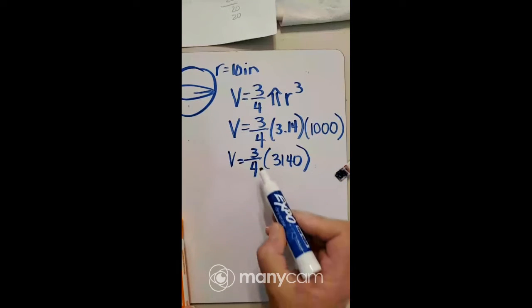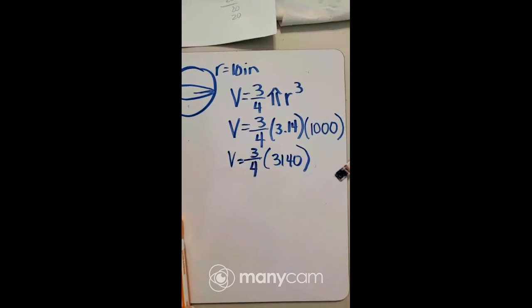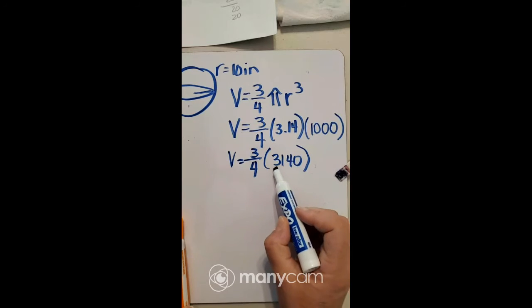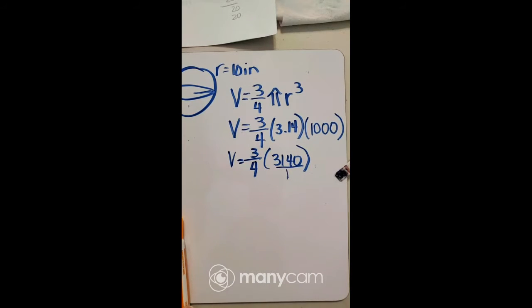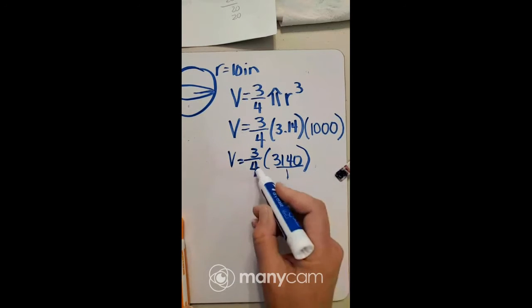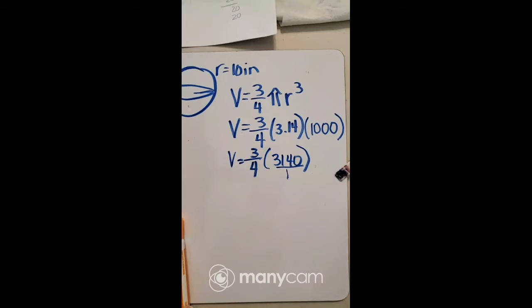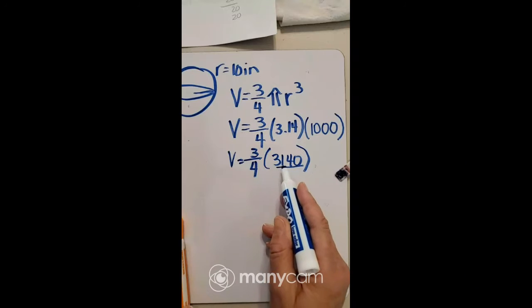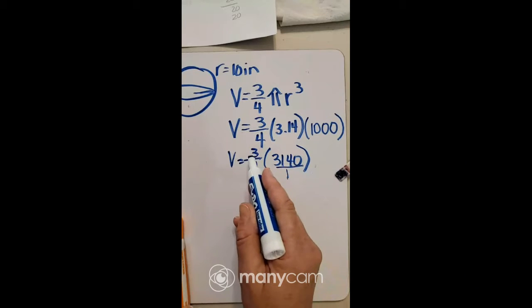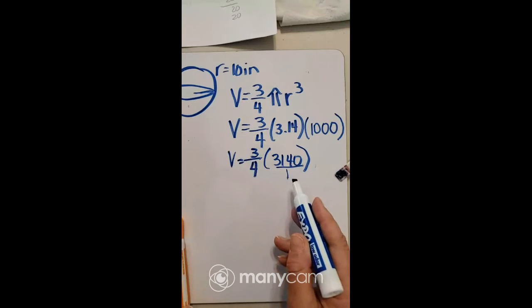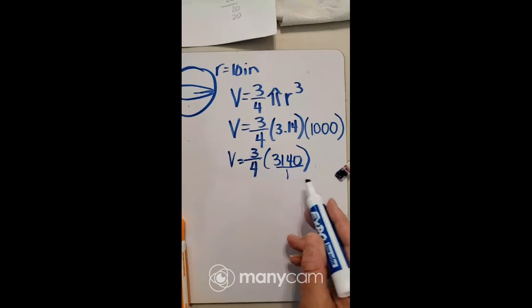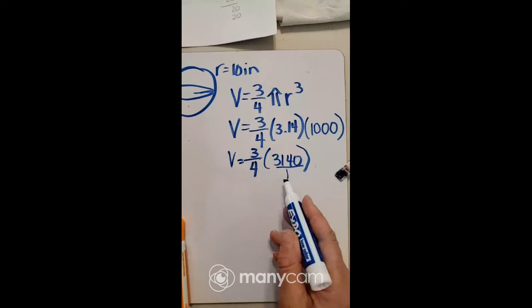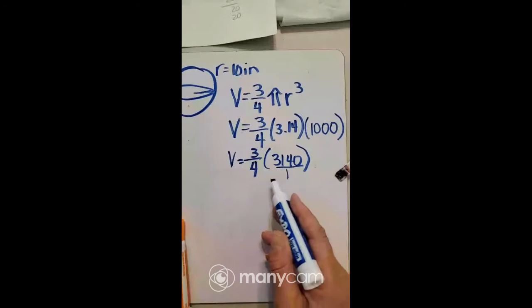What I need to show you is, how on earth do I multiply this number times 3/4? Well, we know from fractions that we can show this as a fraction. We could multiply these across. When we multiply them across, what we're going to do is multiply 3,140 times 3, and then we'll have a large fraction, and then that will be over 4, and then we will divide by 4.